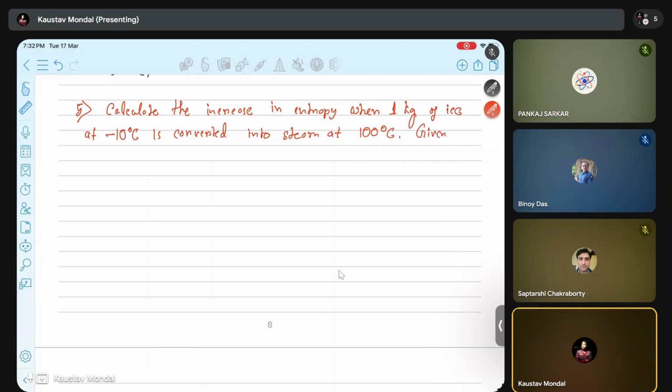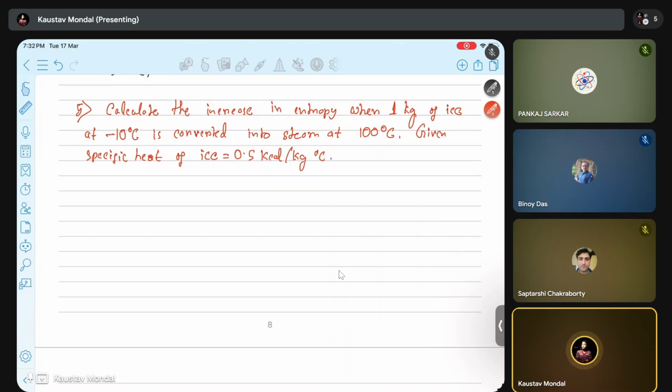Given specific heat of ice equal to 0.5 kilocalorie per kg degree centigrade.